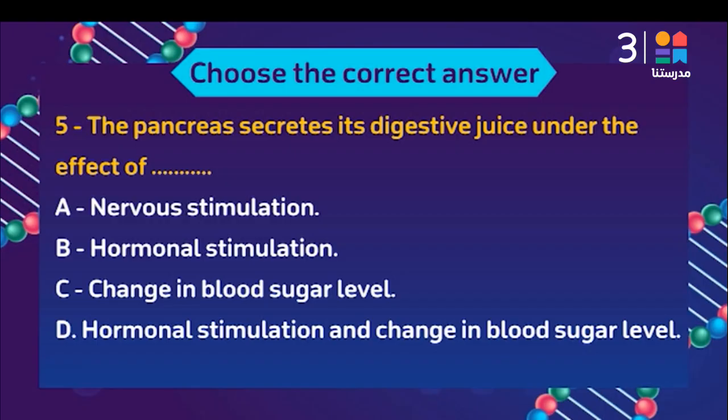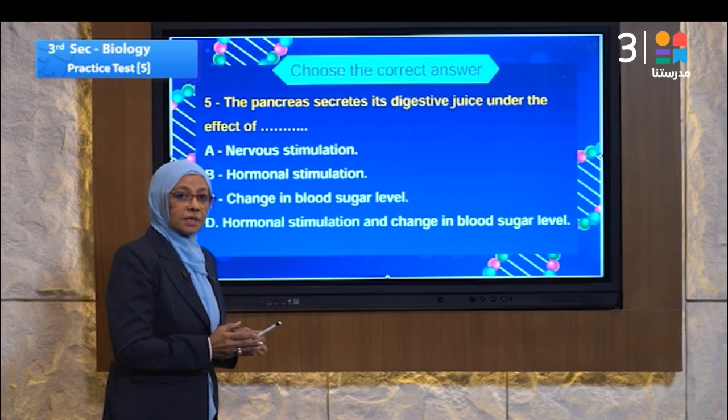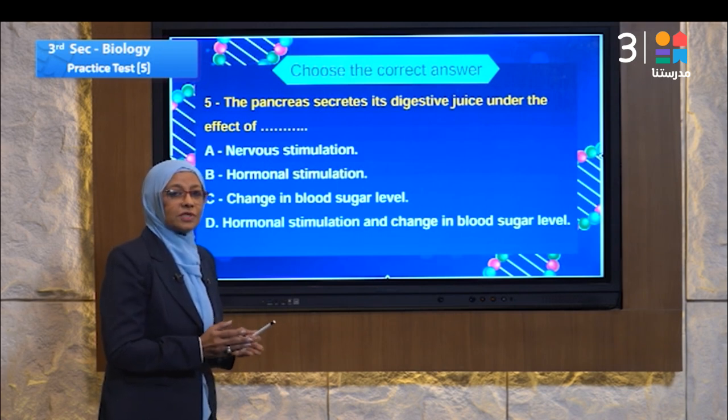The question: the pancreas secretes its digestive juice under the effect of. Who controls the pancreas for secretion of the digestive juice? Here it does not make a hormone. It makes a secretion for digestion.